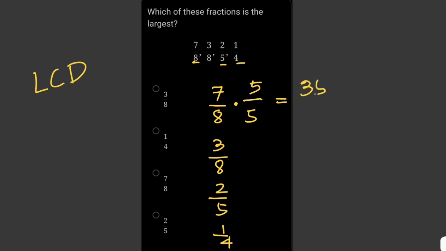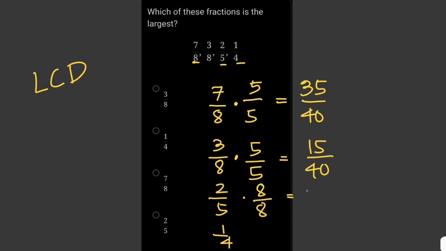So this is 35 over 40, and as well as 3/8, so this is 15 over 40. And this one, we can multiply by 8 over 8, so this is 16 over 40. And this one, we can multiply by 10 over 10, so this is 10 over 40.